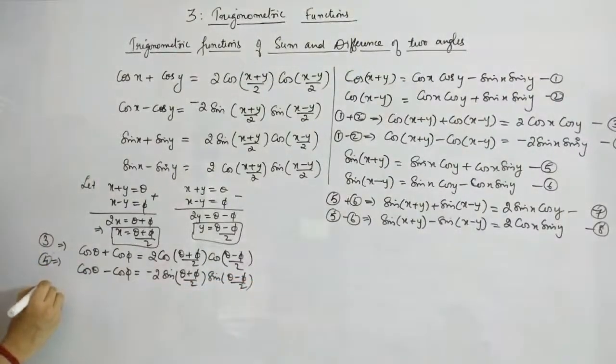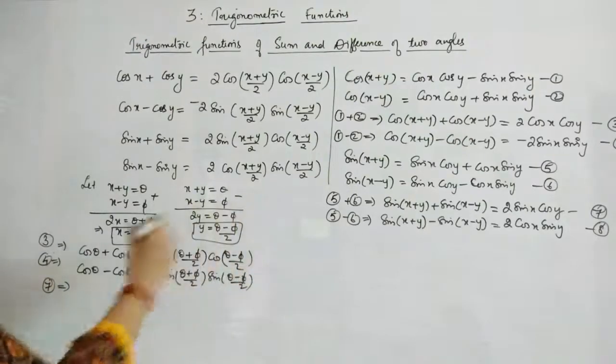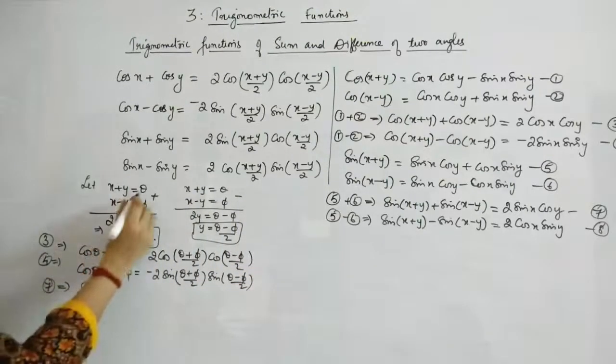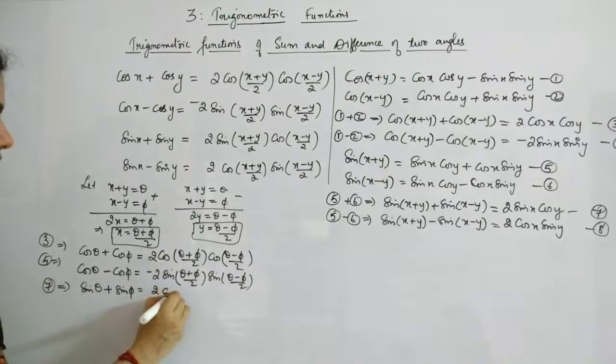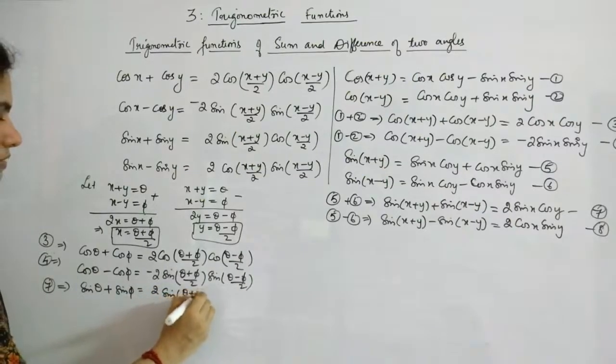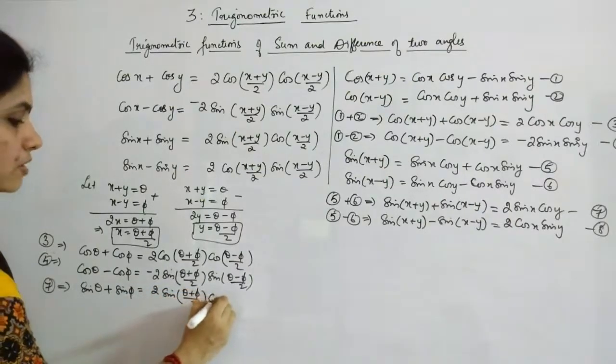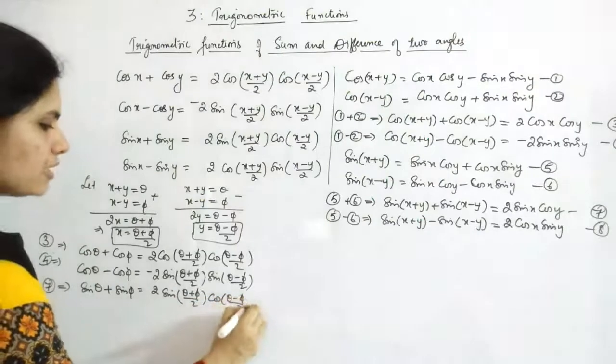Now go to equation number 7, which is sine of x plus y, again x plus y is theta, so sine theta plus sine phi is equal to 2 sine of (theta plus phi) by 2 times cos of (theta minus phi) by 2.